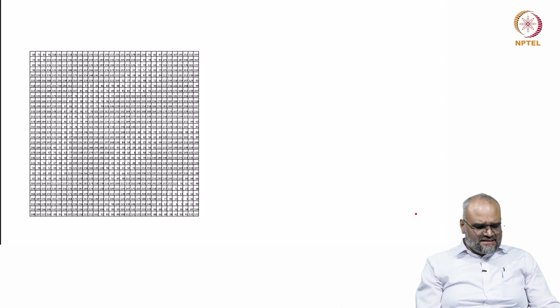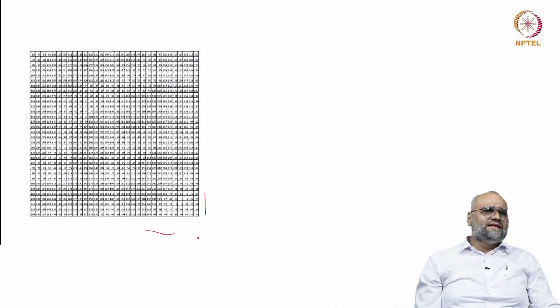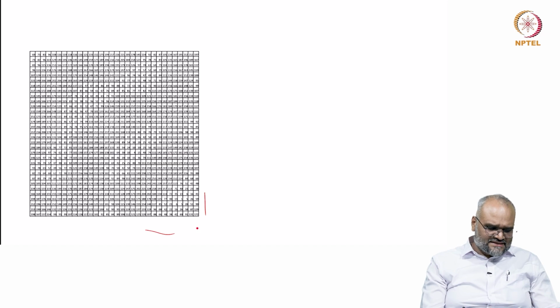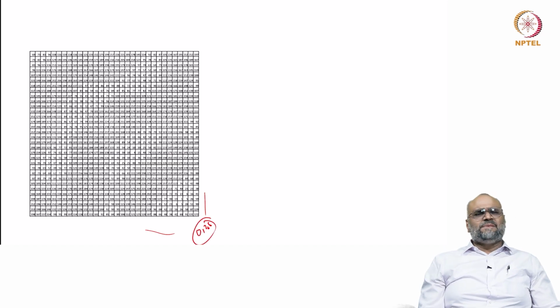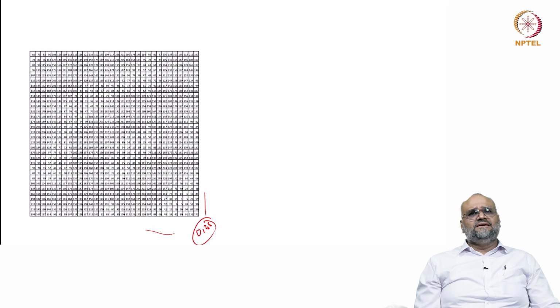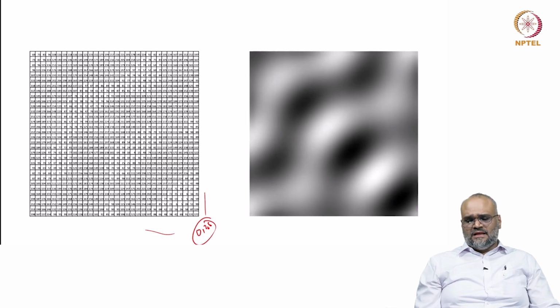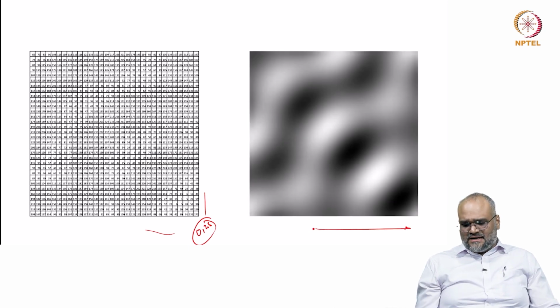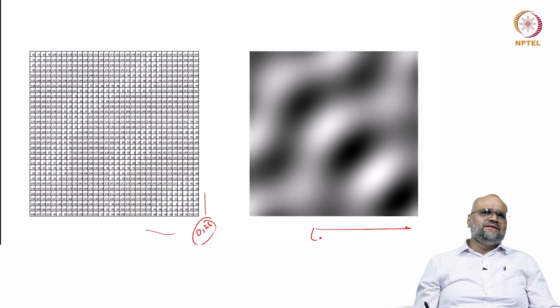Here is a 32 cross 32 array of intensity distribution where the values of intensity range from 0 to 255, and a typical image that is recorded appears like this. Now the contrast variations you see in a material are typically like this in a transmission electron microscope.